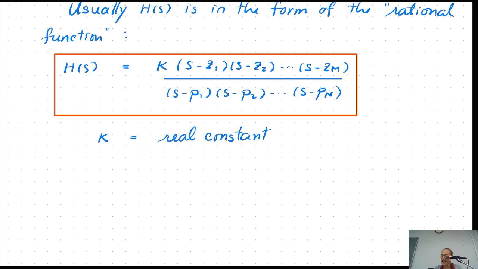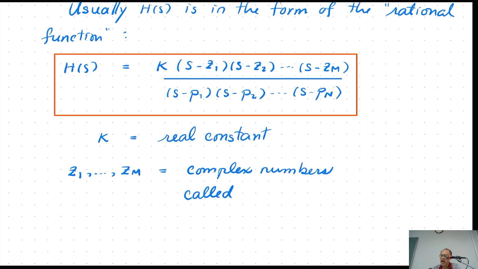Now, z1 through zm are complex numbers called the zeros of H. The reason they're called zeros is that if s has the value of z, then the whole function reduces to 0.